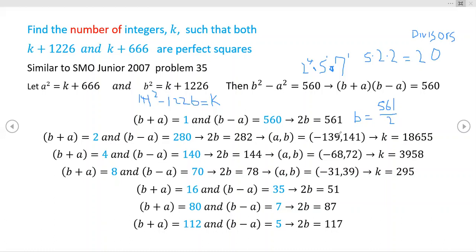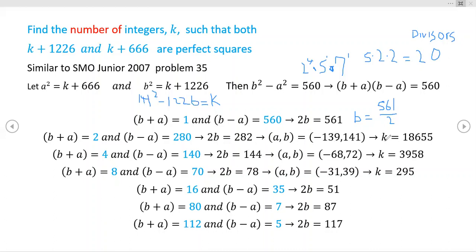I mean, you would find k, then you could come over and find out what a was, which is minus 139, and also you can directly find it right here. If you put b equal to 141 right there, you need a equal to minus 139 right here to give you 2, right? So that's how you find everything is in place.